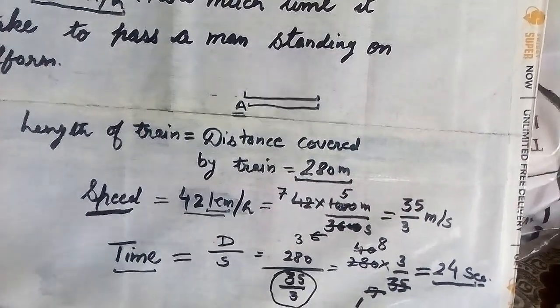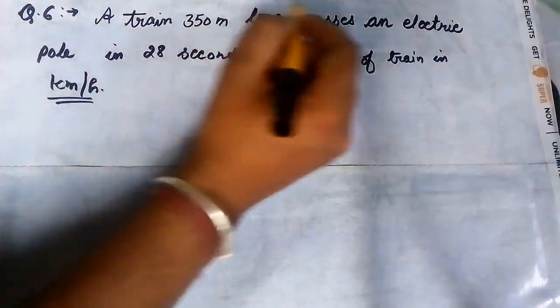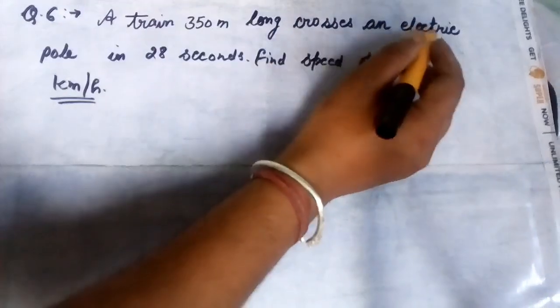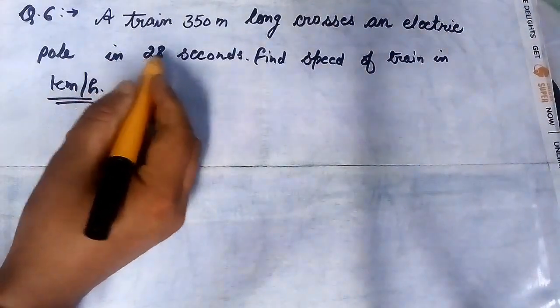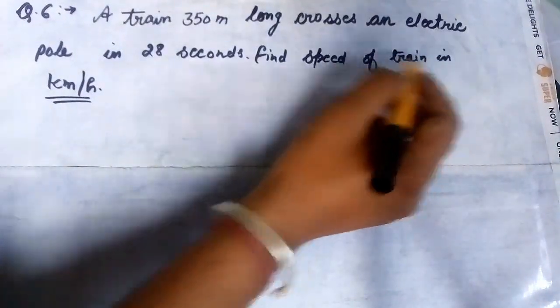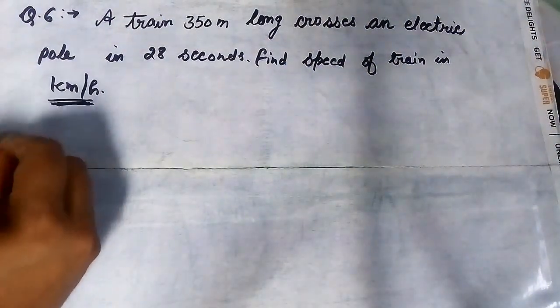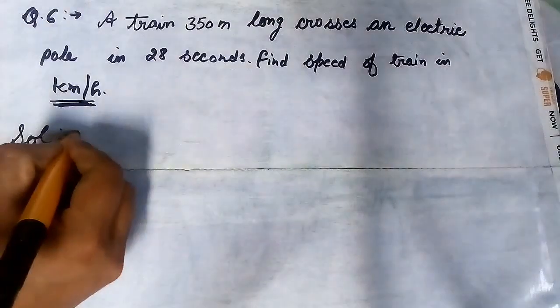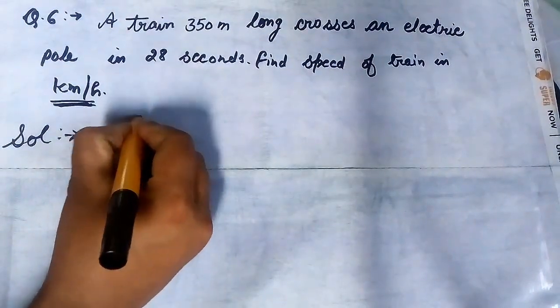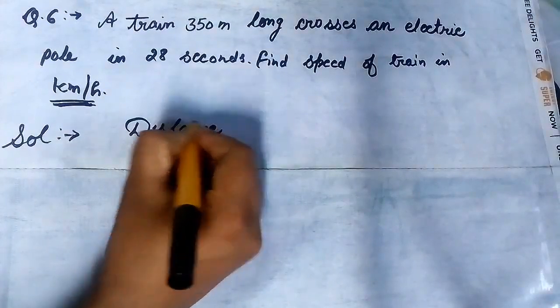Let us see one more problem. A train 350 meter long crosses an electric pole in 28 seconds. Find the speed of the train in kilometer per hour. This is the standard form of speed. So remember, if you are asked to find out speed, please convert it into kilometer per hour.